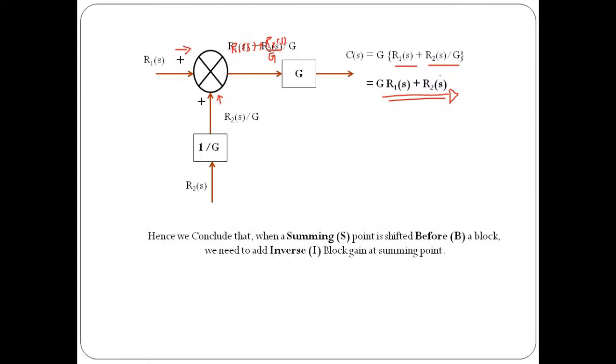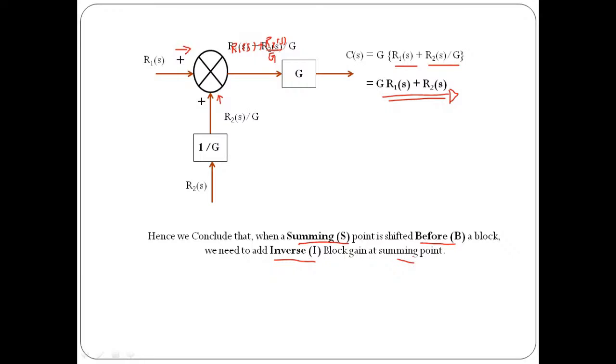So what we conclude is that if a summing point is shifted before a block, we need to add inverse block gain at a summing point. This is very important. That means whenever a summing point is shifted before a block, we need to add inverse block gain.